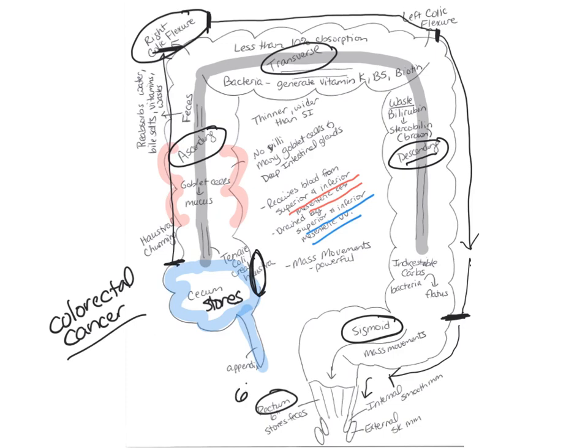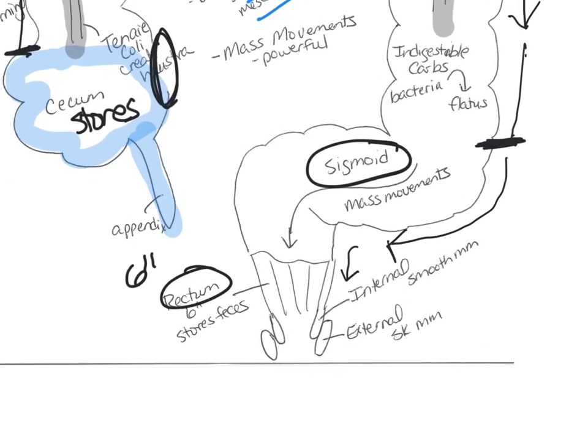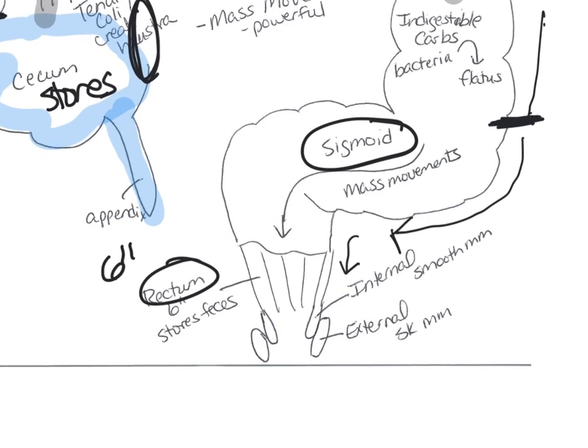The rectum is 6 inches long and it stores feces. The anus is at the end of the rectum where the feces exit. So let's take a look at the rectum. The rectum has these internal anal sphincter muscles. They are smooth muscles and they're involuntary. So they're going to relax whenever there's pressure inside the rectum from the presence of feces.